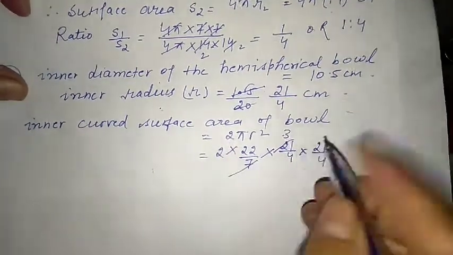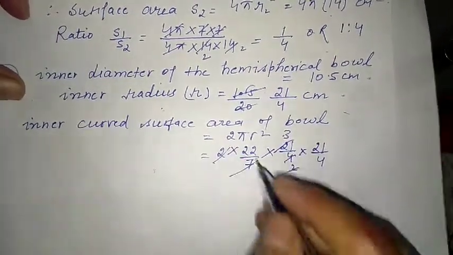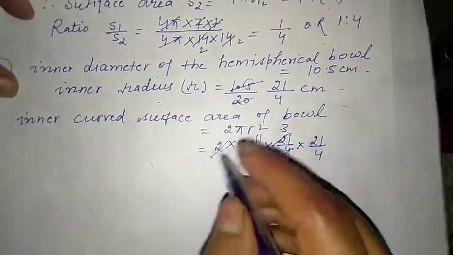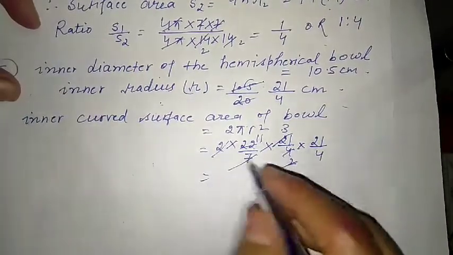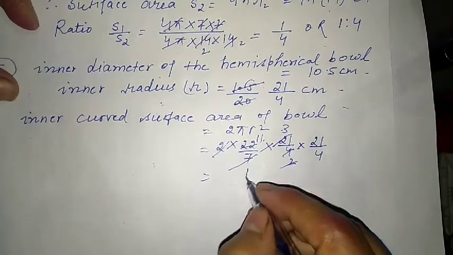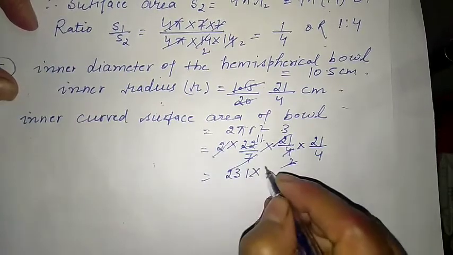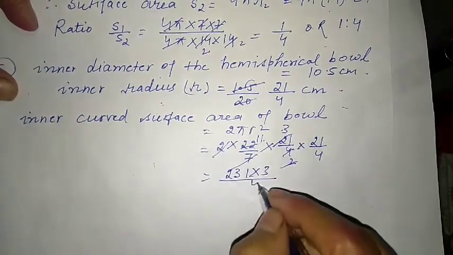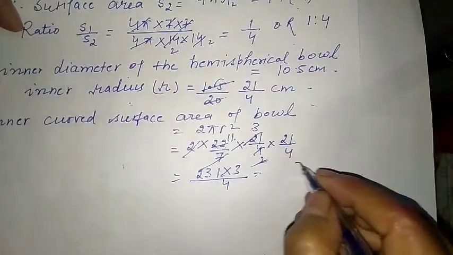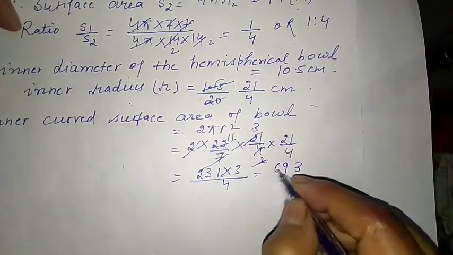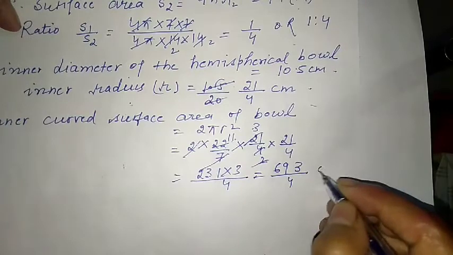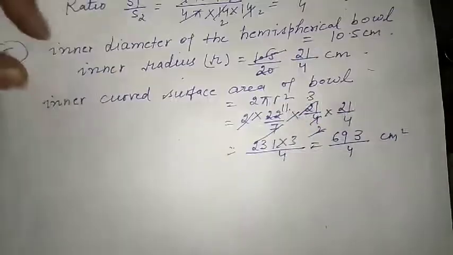This can be cut. 3, 2, 2 twos are 2, 11. So 11 and 21, if we multiply, we are having here 231 into 3 upon 4. We'll get here 693 upon 4 centimeter square.